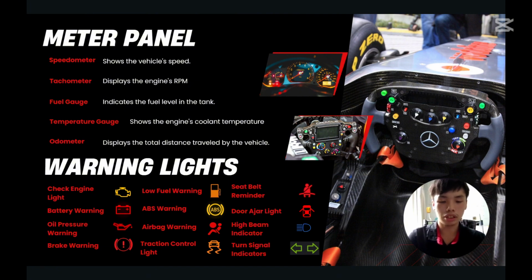The door ajar light lights up when one of the doors of the vehicle is open. The high beam indicator lights up when the driver is using the high beam light. The turn signal indicator shows which direction the driver is taking.